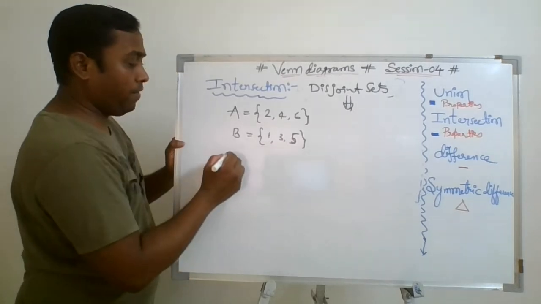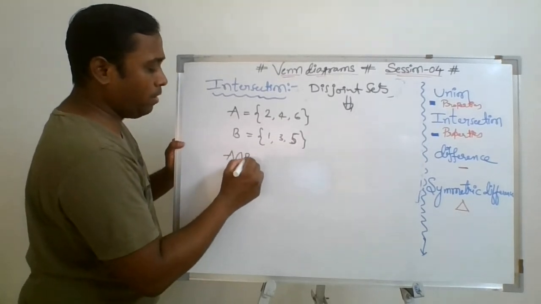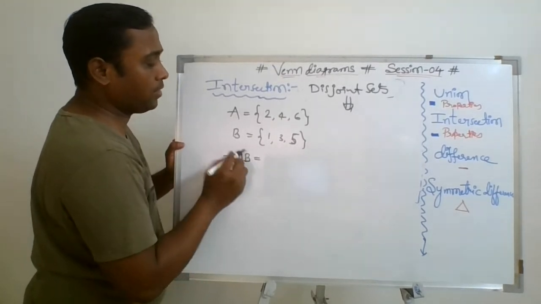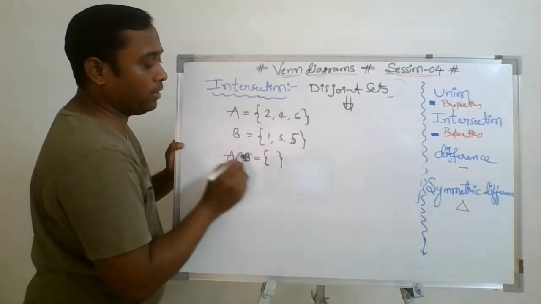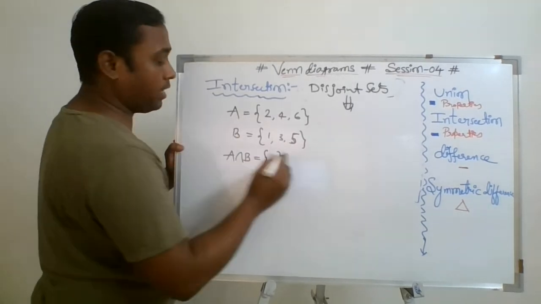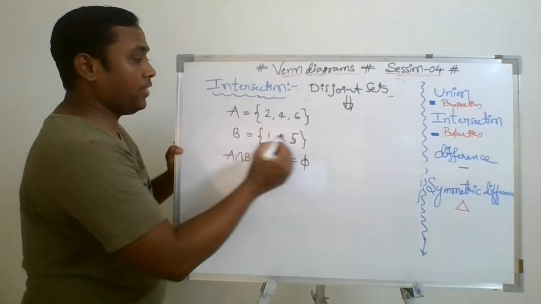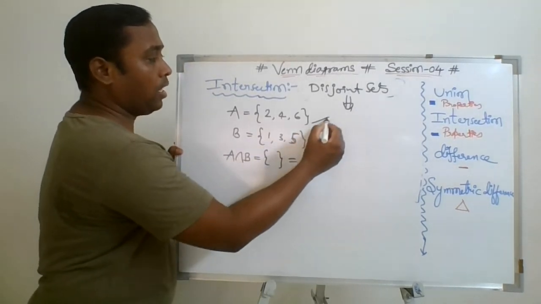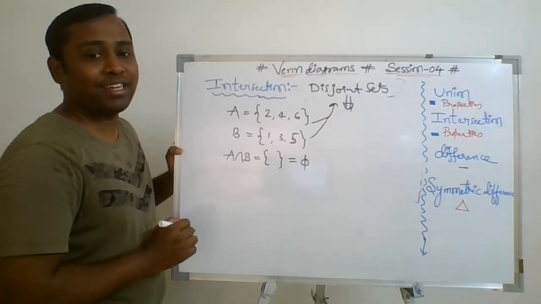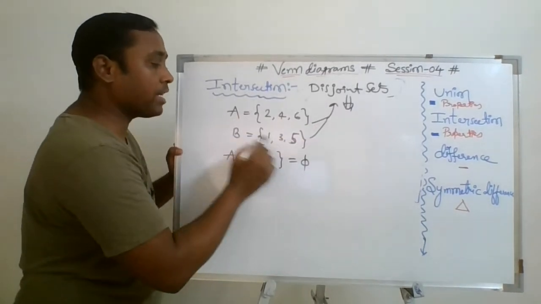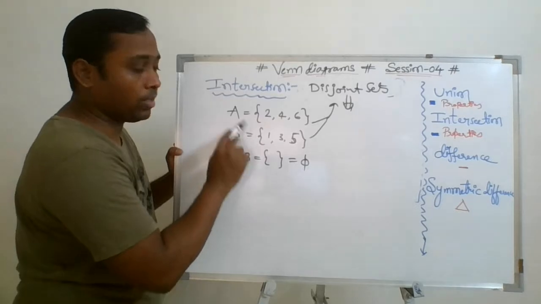Now, if I want to find the common elements in both sets, you will say, sir, there is no common element in the given two sets, hence it would be a null set. Hence, in this case, A and B are called disjoint sets. There is no joint, there is no common in both the sets.